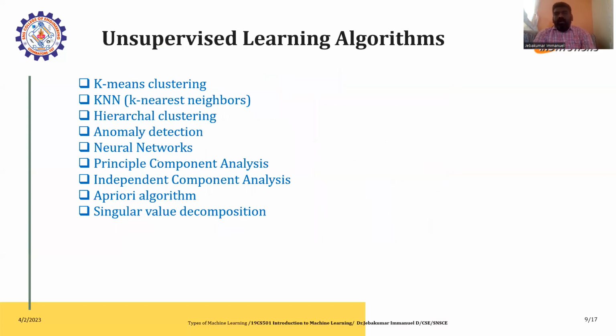These are the unsupervised learning algorithms used in machine learning: mainly K-means, KNN, hierarchical clustering, anomaly detection, neural networks, then PCA and ICA. PCA means principal component analysis, and ICA is independent component analysis.